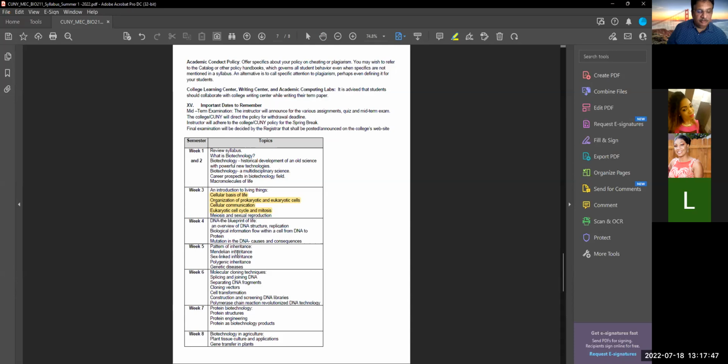In week 5, we talk about inheritance, Gregor Mendel's work. Now, why do we talk about his work? How does it relate to biotechnology? The way it relates to biotechnology is that Mendel was the person, the father of genetics, who based his hypothesis upon his observation of inheritance of characters in the pea plant.